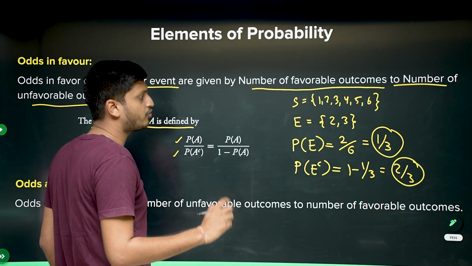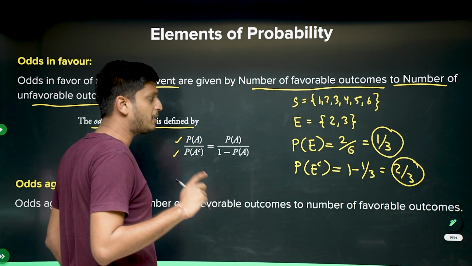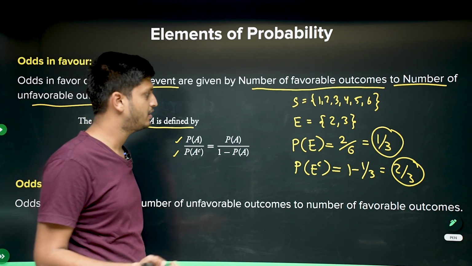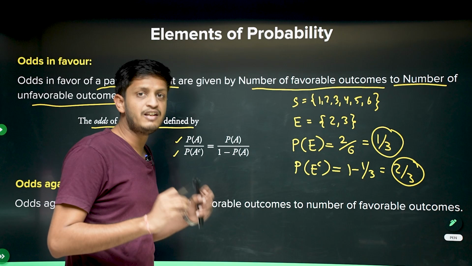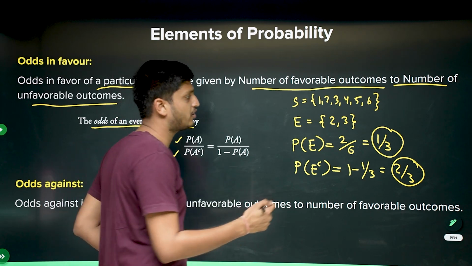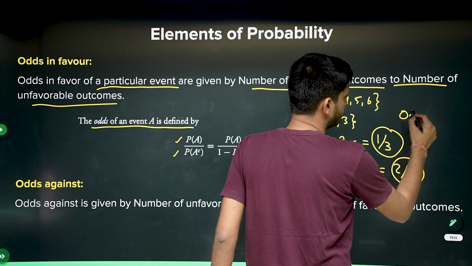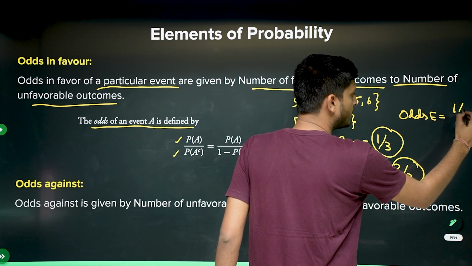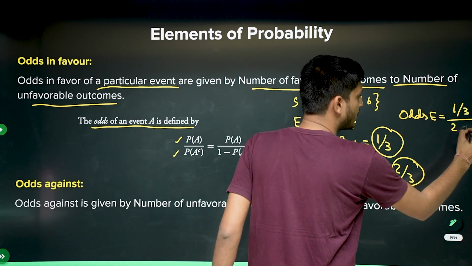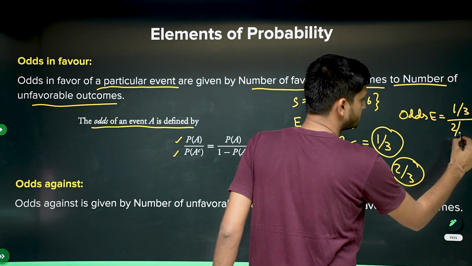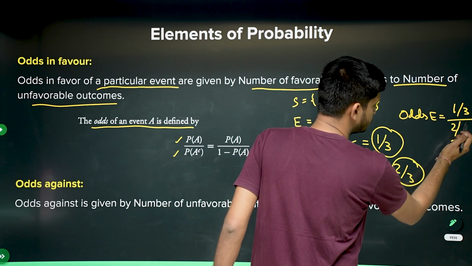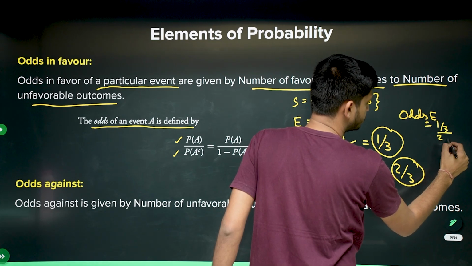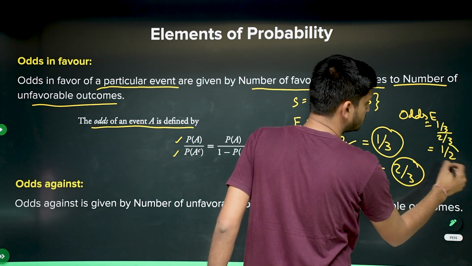Right? So we say that probability of E is 1 by 3, probability of not happening of E is 2 by 3, and odds in favor of E. Odds in favor of E is what? Probability of happening of E upon probability of not happening of E. Which is 1 by 2.